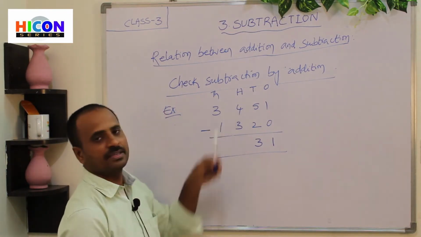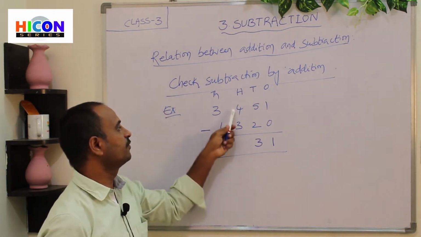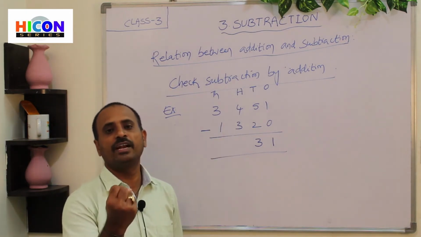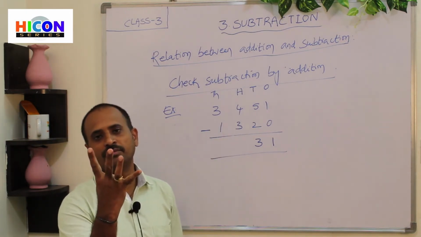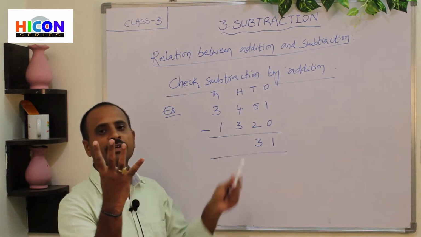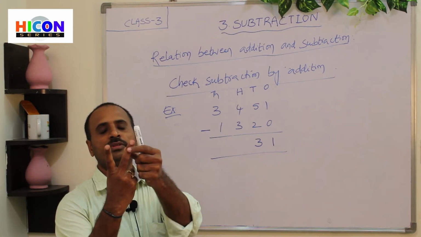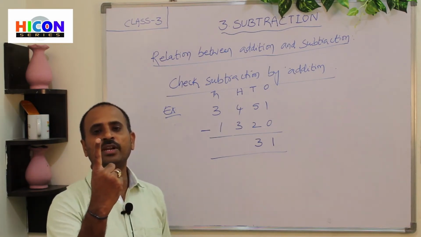Next go to the hundreds place. The digits are 4 and 3. The first number is 4, so open 4 fingers of your hand: 1, 2, 3, 4. The second number is 3, so close 3 fingers among these 4 fingers. How many fingers are there? There is 1 finger. So write 1 under the hundreds place. Next, go to the thousands place. The digits are 3 and 1. Open 3 fingers: 1, 2, 3. Close 1 finger among these 3 fingers. How many fingers are there? 1, 2.